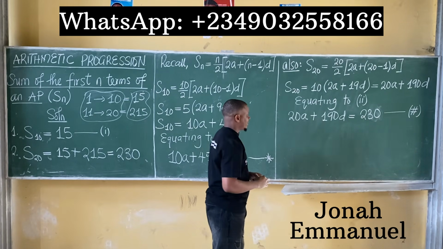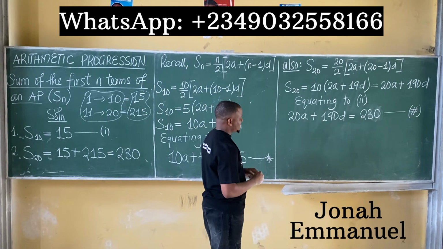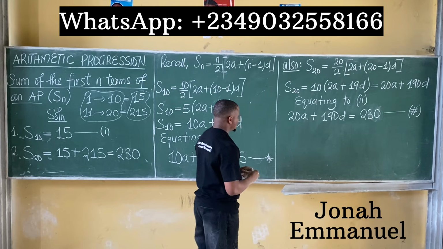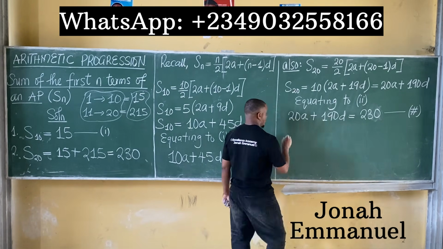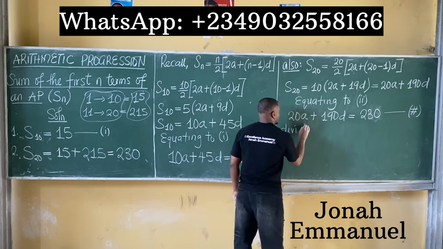So this is better. Now, if this is true, we can see that all of them are divisible by 2. So I can divide by 2 instead.